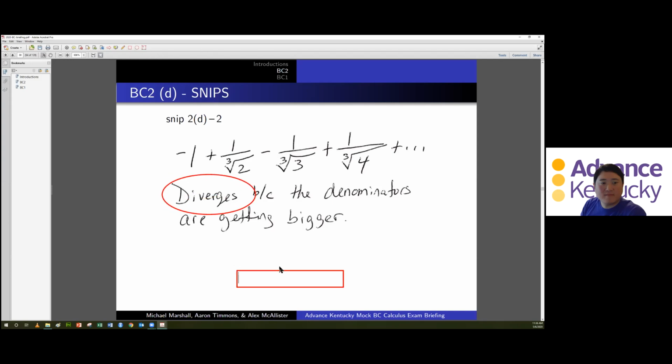So that's not going to be correct. They cannot earn either point. So it's a 0-0.